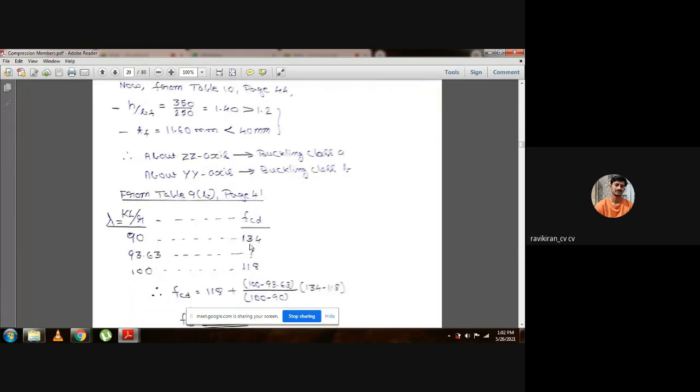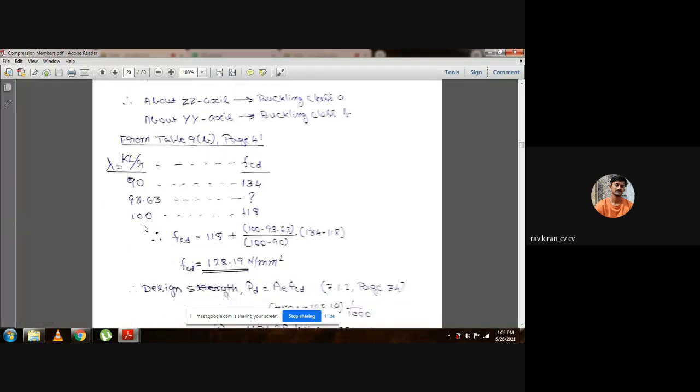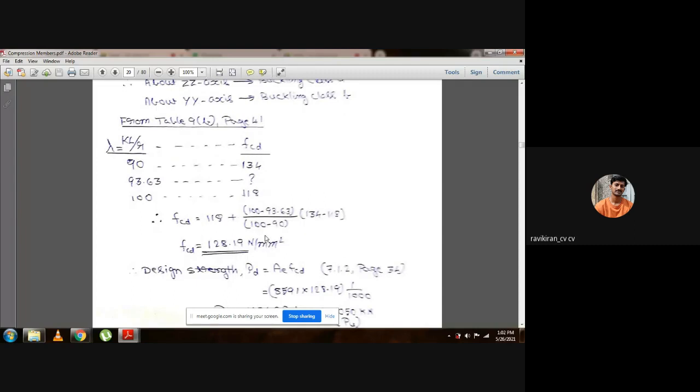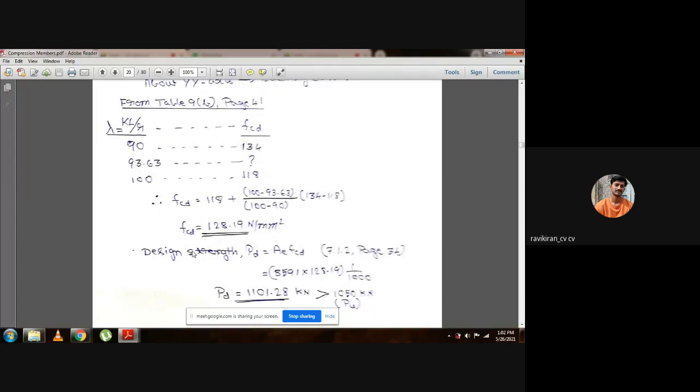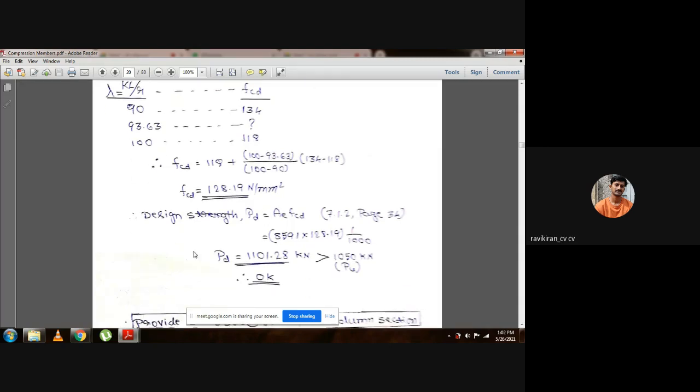For 90 it is 134, and for 100 it is 118. For 93.63 we need to interpolate, and once we interpolate, we get fcd as 128.19 Newton per mm square. And once we get fcd, we can find the design strength, that is Pd is equal to area into fcd.